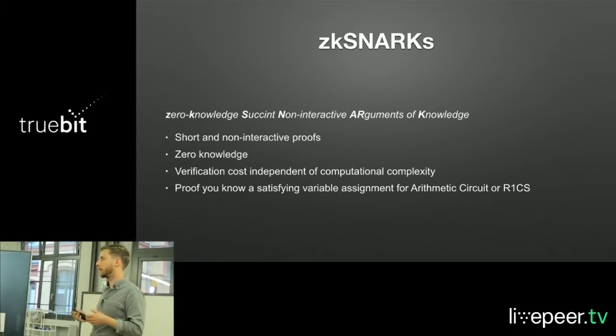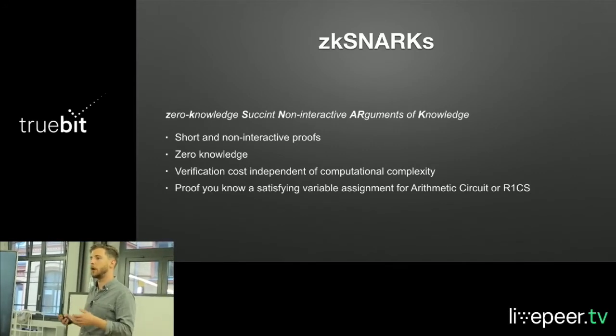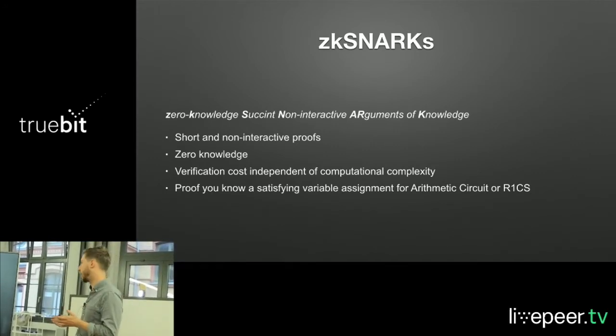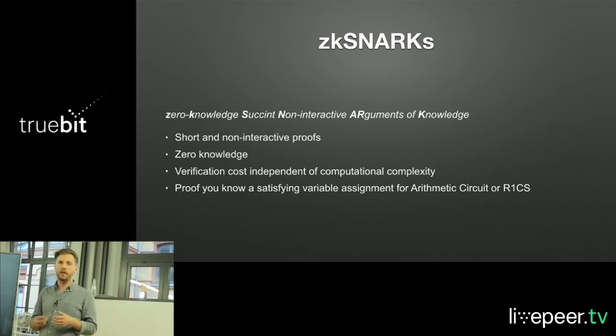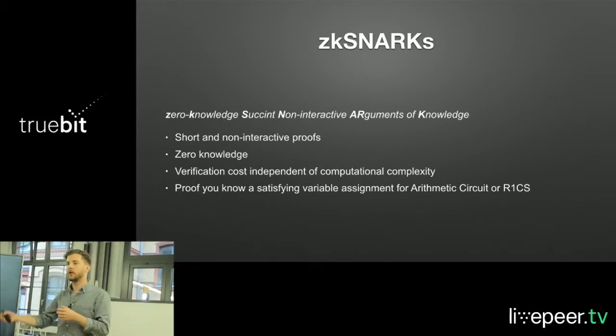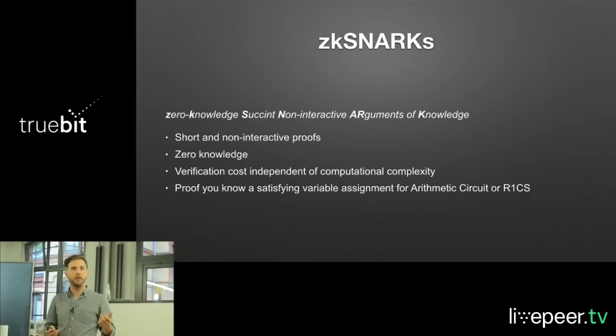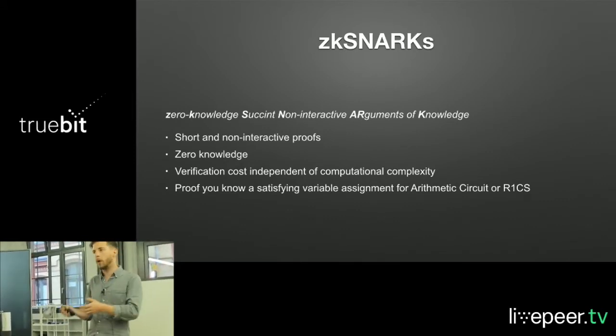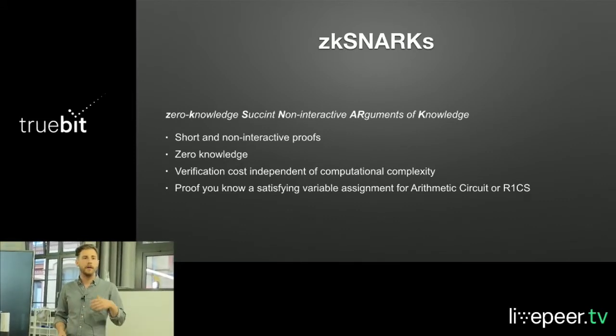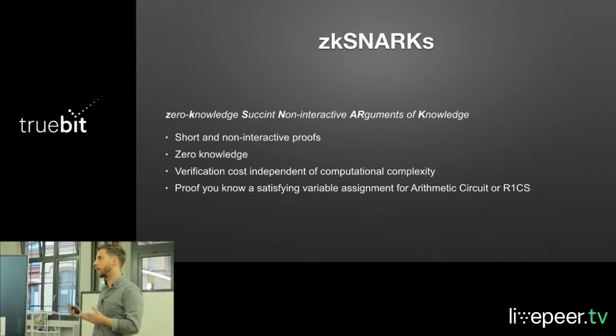They're only a couple of elliptic curve points, and they're very compact in size. Also, they're non-interactive. That means it's not like in traditional interactive proofs where multiple interactions between a prover and a verifier are required to convince the verifier of the fact, but it's only one proof that is sent to the verifier and that can then be checked immediately without further interaction.